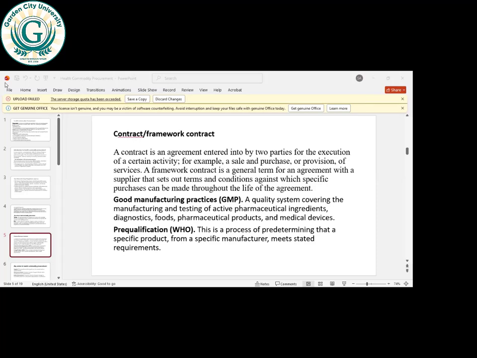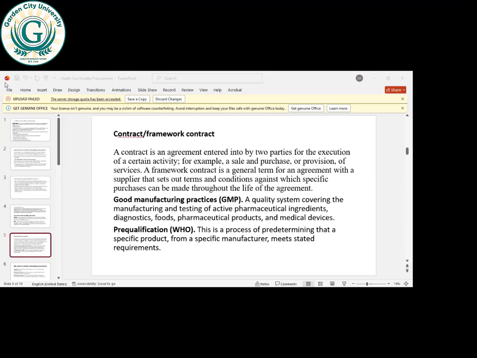Make sure that where you are buying from, they follow those good manufacturing practices. Then we have the pre-qualification, which is normally picked from the World Health Organization. So you make sure that before you buy.